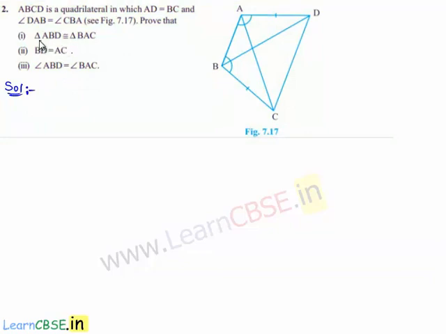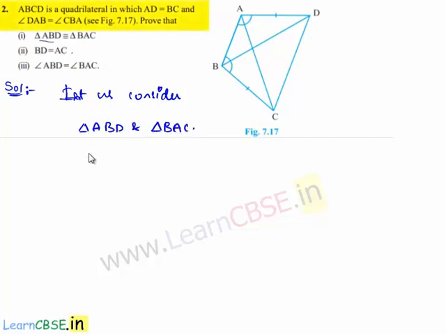In the first case, he asked us to prove triangle ABD and triangle BAC are congruent. Therefore, let us consider the triangles ABD and triangle BAC. In this, he has given already that AD is equal to BC and angle DAB is equal to angle CBA, which is also given.